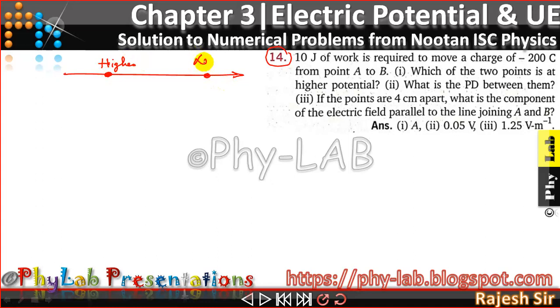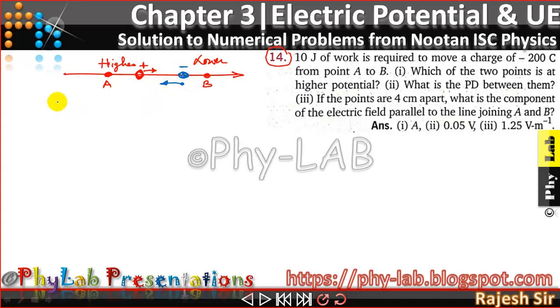So if I leave a positive charge over here, this positive charge will move from a region of higher potential A to a lower potential B. Now to the contrary, if I leave a negative charge, then this negative charge would move from a region of lower potential to a region of higher potential.